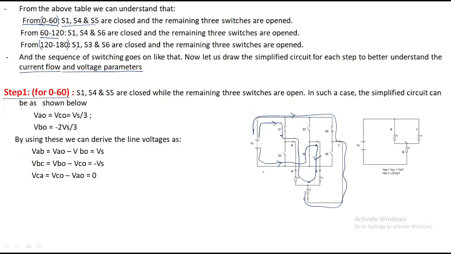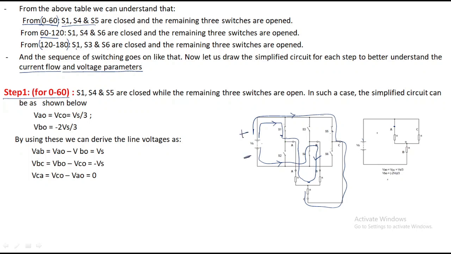So now we can write the modified circuit: Vs directly supplying to A for some load. Yes, A. What about C? From C also current is directly supplied, from the positive side only. This is from the positive side, this is from the negative side.